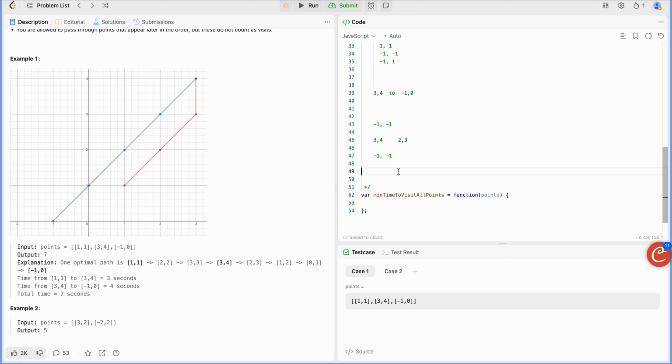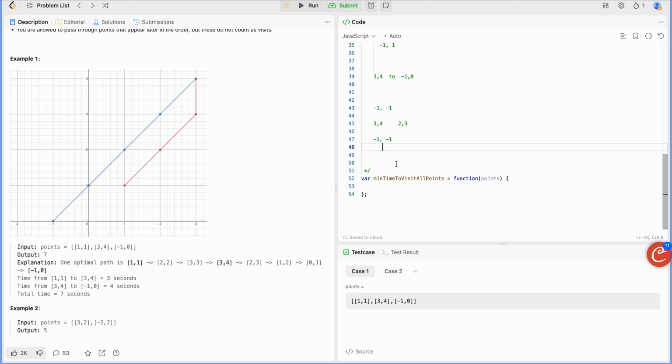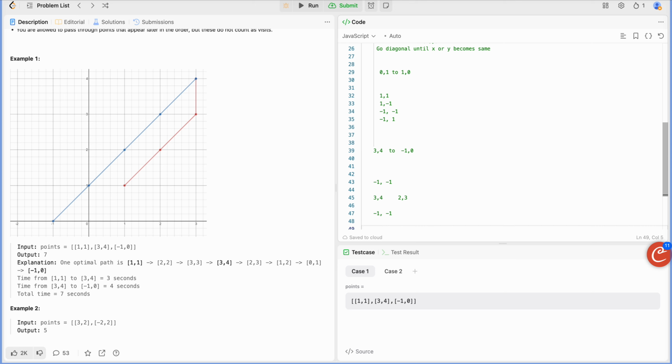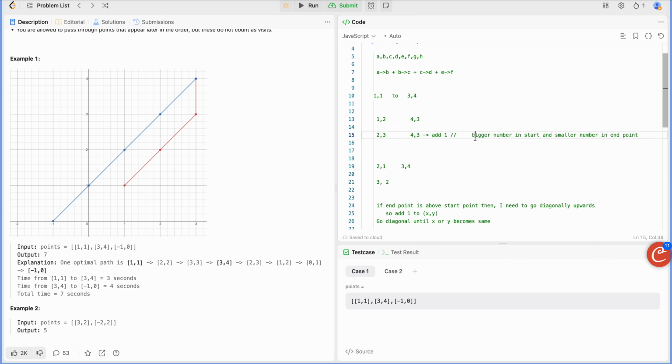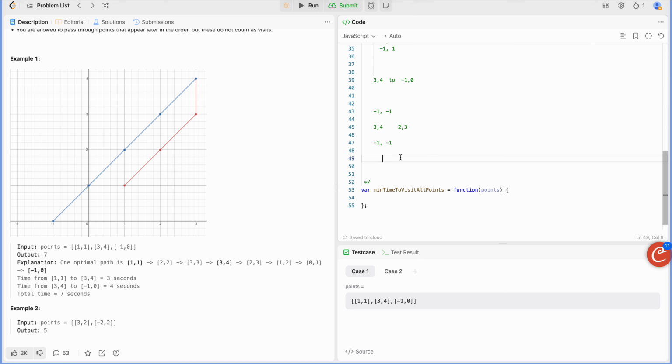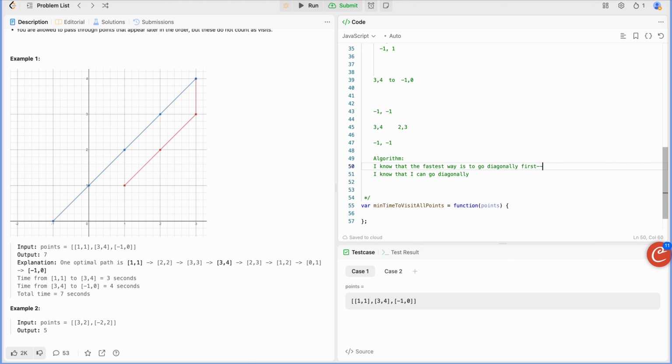So whatever I said, it looks good to me. Let's try to follow that. So my algorithm now is that I know that the fastest way is to go diagonally first, however much I can.